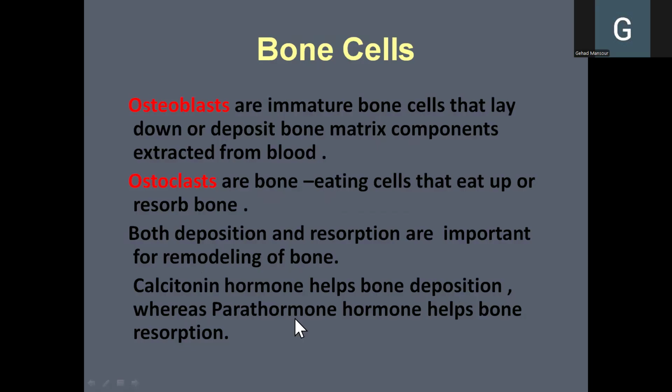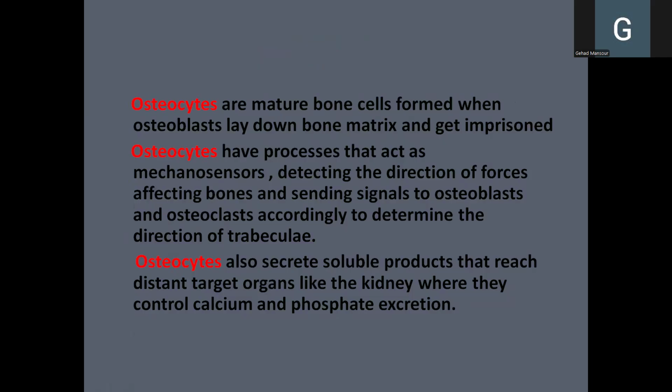And the other one, the parathormone hormone, is the antagonist of calcitonin and helps resorption. But although they do antagonizing functions, yet as usual, like in the case of adrenaline and noradrenaline, or the sympathetic and the parasympathetic system, they look antagonistic when they are considered separately, but both together work in coordination to achieve homeostasis in the body.